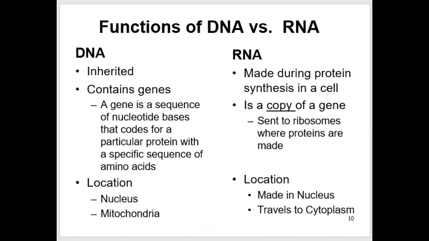Now it's kind of interesting that our mitochondria, which are little cell organelles, have DNA. But there is a single chromosome in mitochondria that contains genes that help in ATP synthesis.